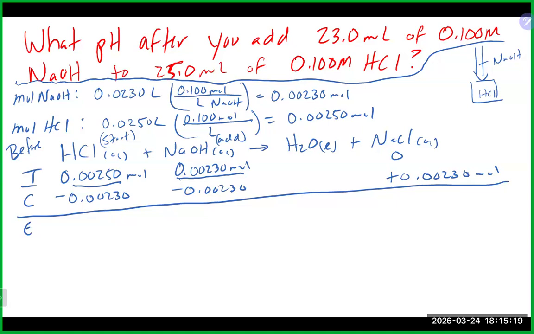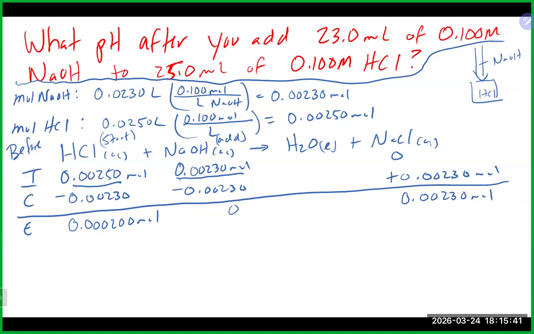That is going to leave us here with 0.0002 moles of HCl, 0 of sodium hydroxide, and 0.0023 moles of products at that point.